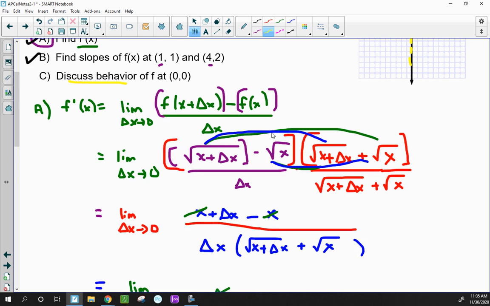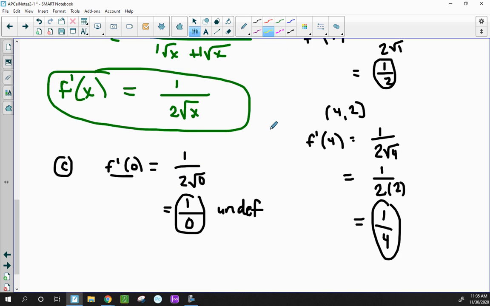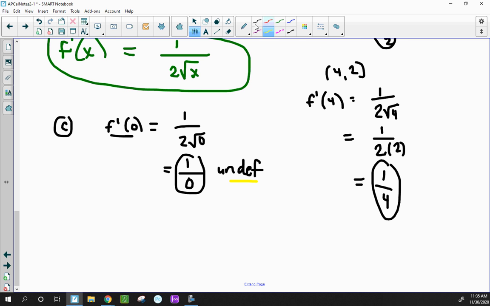Okay, now tying it back to the calculus, because you have to remember all kinds of specifics. Not only does an undefined slope mean it's going to be a vertical tangent line, but I'm going to tie all this back together.